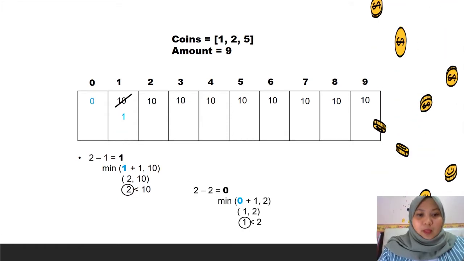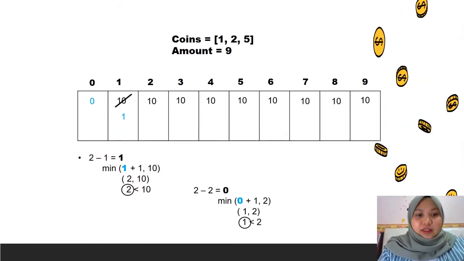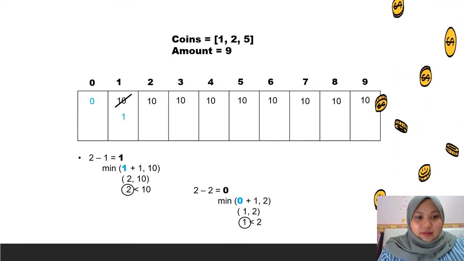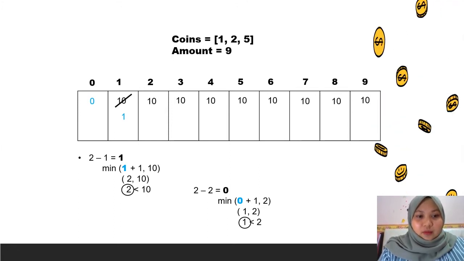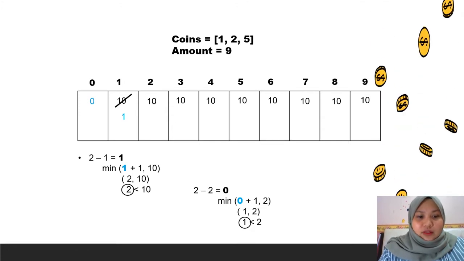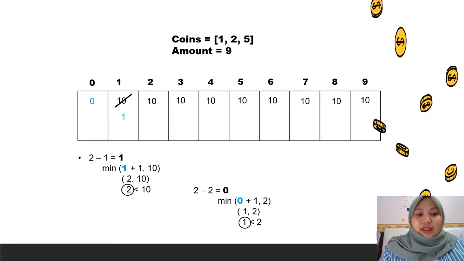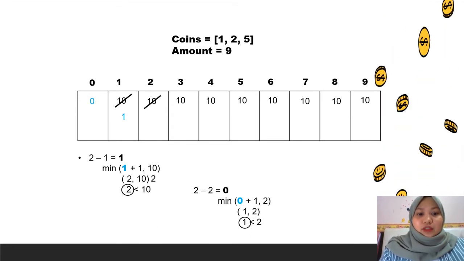For subproblem 2, 2 minus 1 gets 1. The answer in subproblem 1 is 1. So we take 1 plus 1, which is 2. 2 is less than 10, so the new answer in subproblem 2 is 2.